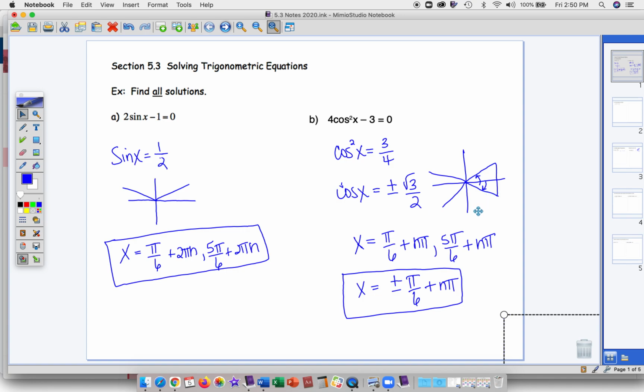Now there's even a nicer way to sum it up. I could write it out as plus or minus pi over 6 plus n pi. Okay, so positive pi over 6 and negative pi over 6 again gives me all of those angles from all 4 quadrants.